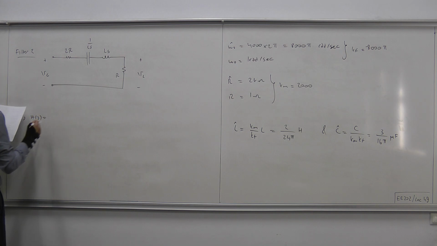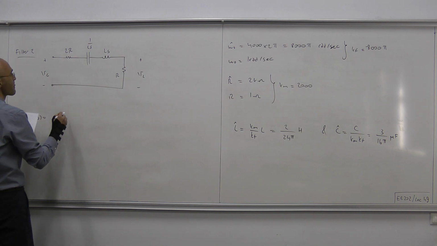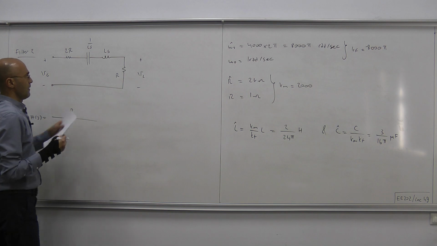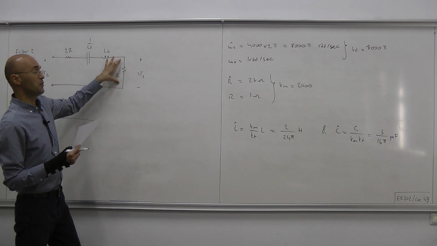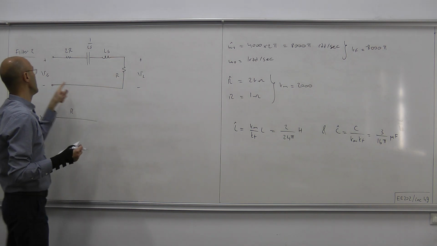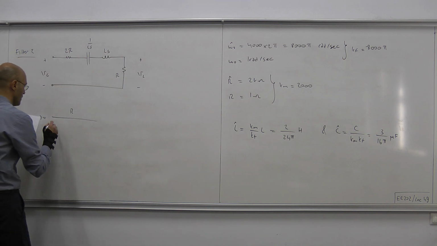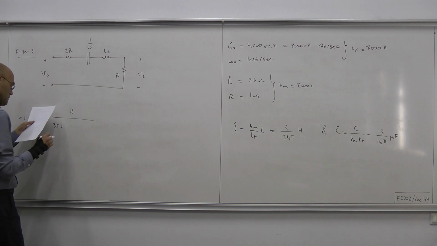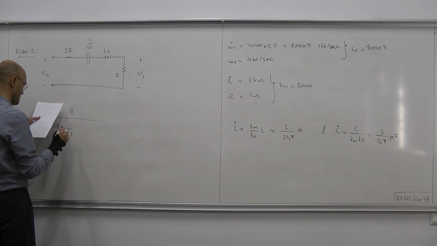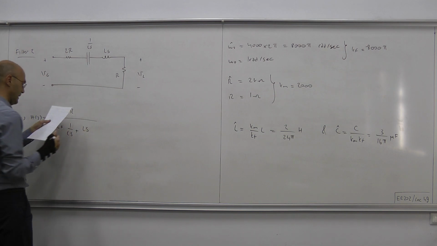H of S equals the impedance here, the resistance R, divided by the driving point impedance, which is 3R plus 1 over Cs plus Ls.